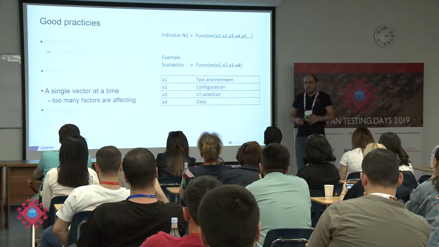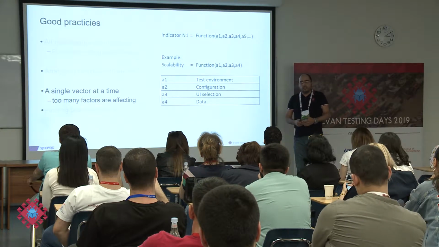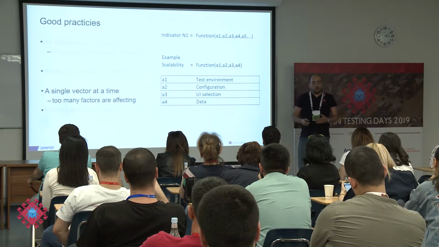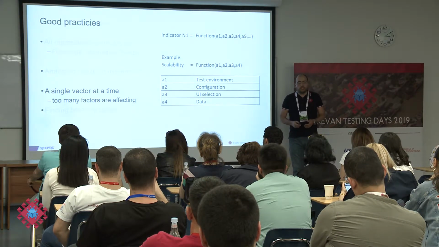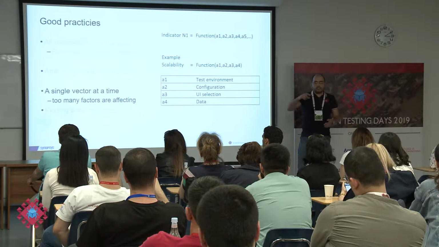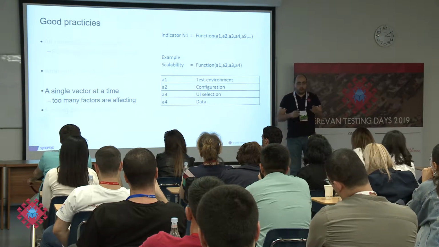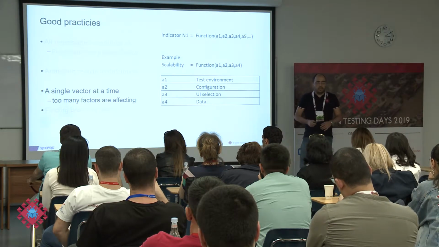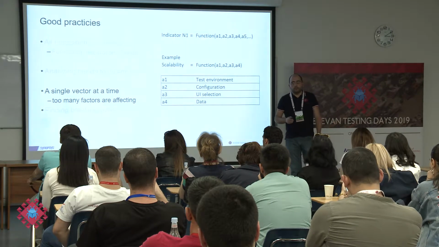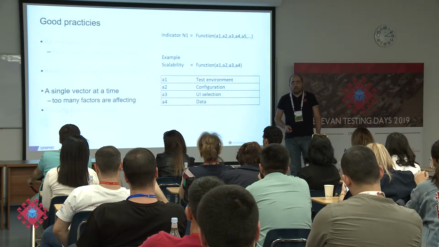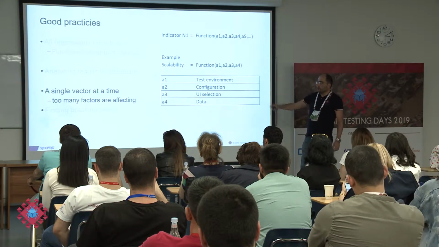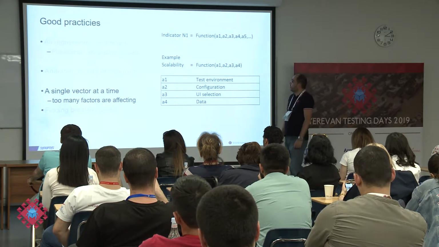And when you test performance, you don't know whether it's good or not, whether it indicates a problem or not. To focus on a single area and know exactly where the problems are, you can use this approach, the single vector approach. What does it mean?